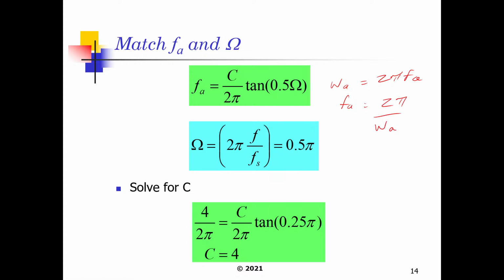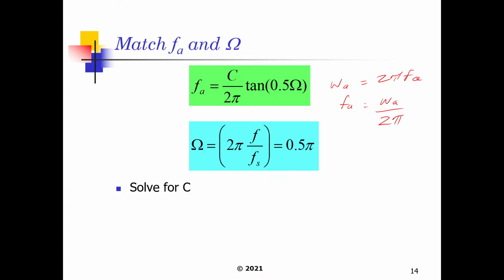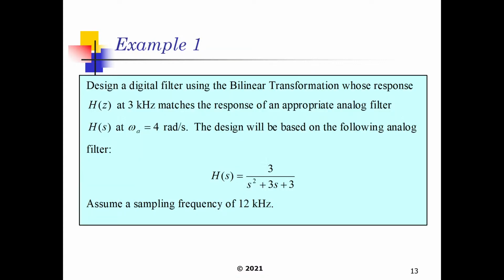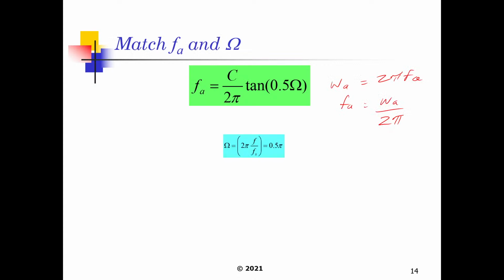Oops, I wrote that the wrong way around. Looking back at my equation, it's equal to omega a divided by 2 pi. Sorry for that. And if we backtrack a little bit, we see that omega a was 4 radians per second.